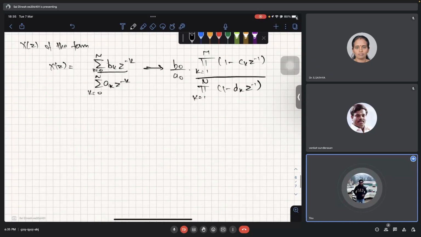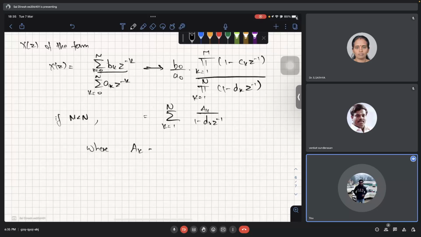If m is less than n, this will be equal to the sum over k equal to 1 to n of ak by 1 minus dk z inverse, where ak is equal to 1 minus dk z inverse times x of z, evaluated at z equal to dk.